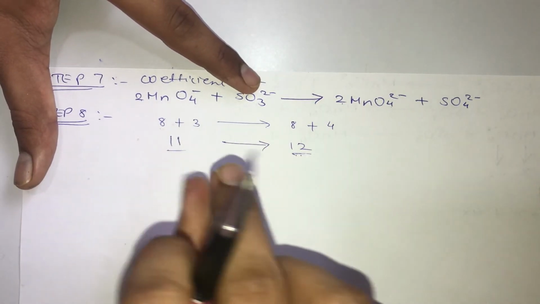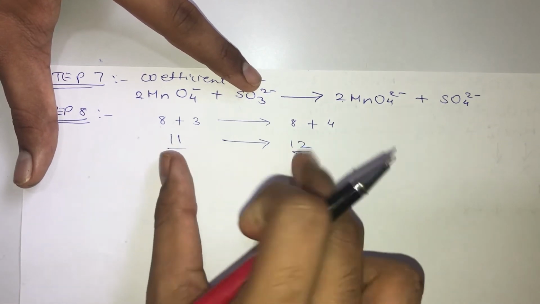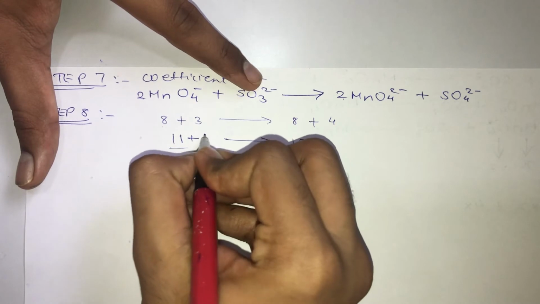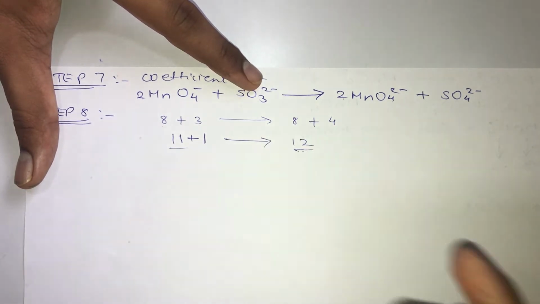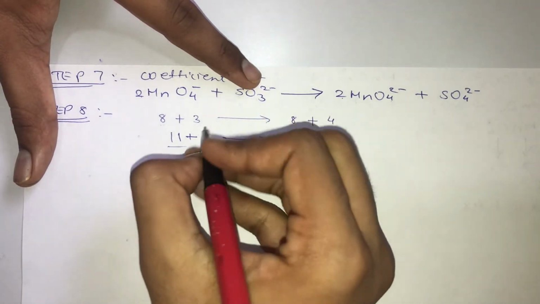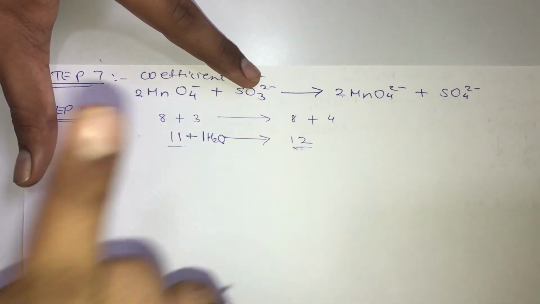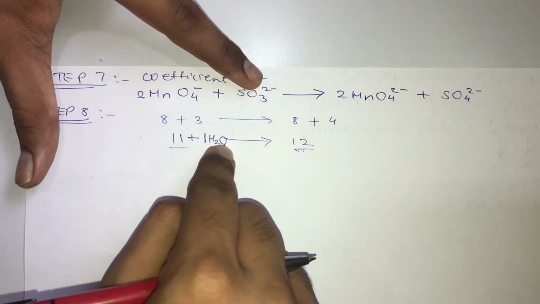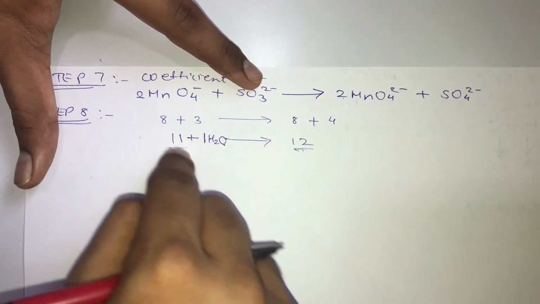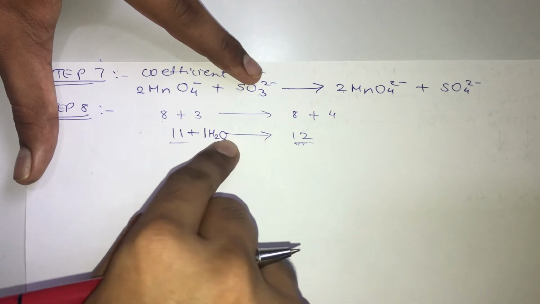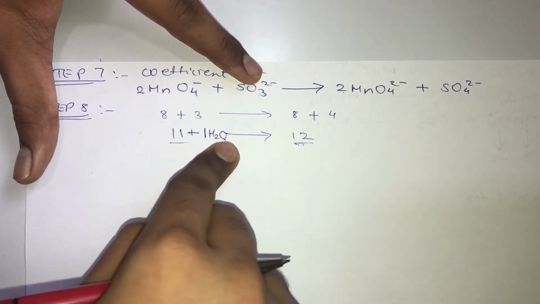Now here you need to equalize both of them. How are we going to equalize? By adding one more oxygen, and you are not going to directly add oxygen, but you are going to add oxygen in the form of H2O. H2O has one oxygen atom. So here you require one more oxygen atom. Therefore you are going to add one more oxygen atom, but not directly.